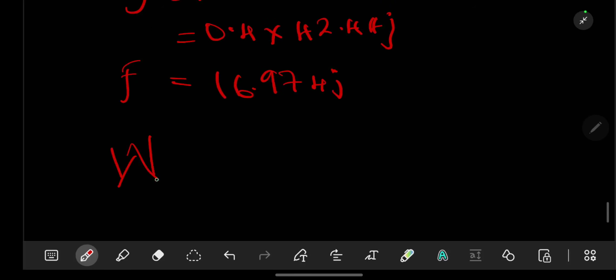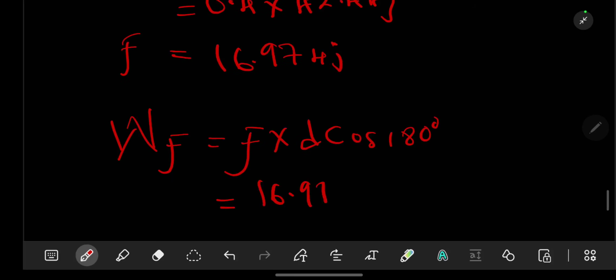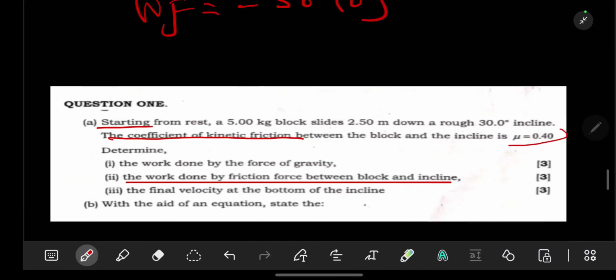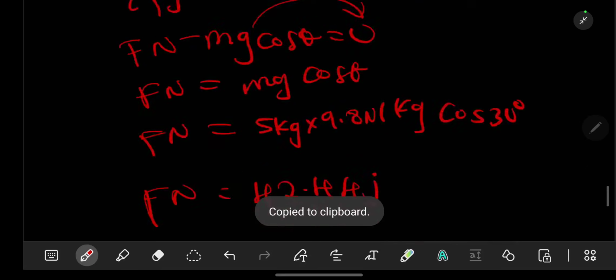Therefore, the work done by friction is equal to the frictional force by the distance times the cosine of 180 degrees. So the frictional force will be 16.974 by the distance. What is our distance in this case? The distance that it moves is 2.5.